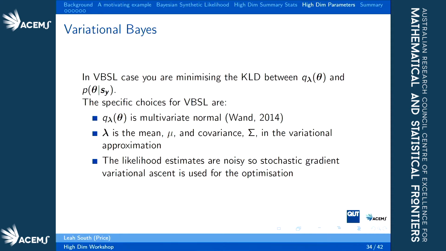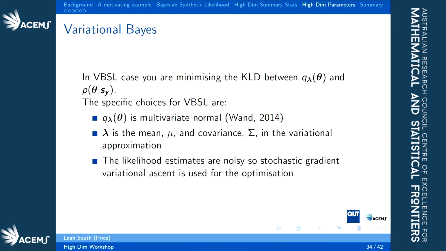In this case, we're looking at a multivariate normal Q, so a multivariate normal variational approximation. And this is a separate multivariate normality assumption to the synthetic likelihood. So we've got two going on here. We're assuming multivariate normality of the summary statistics, and we're assuming multivariate normality of the posterior in a way. The parameters of that are the mean and the covariance, so we've got to estimate those.